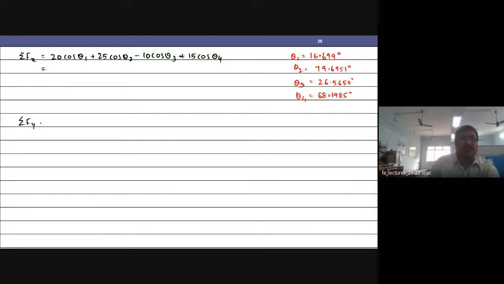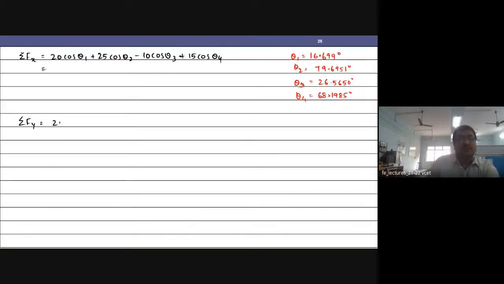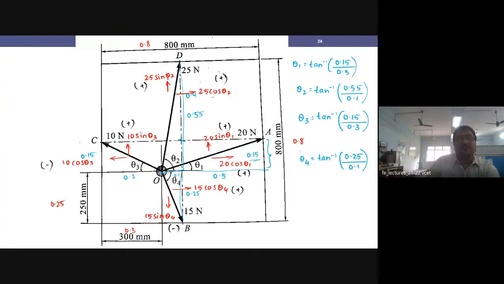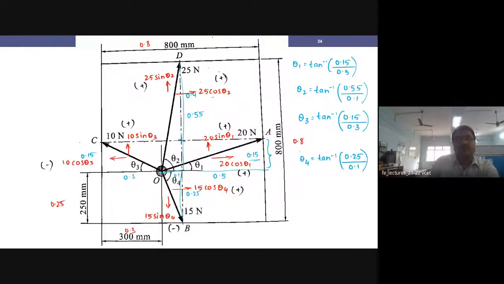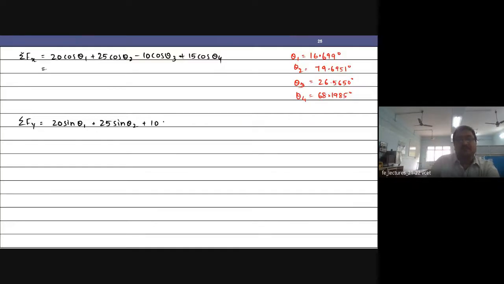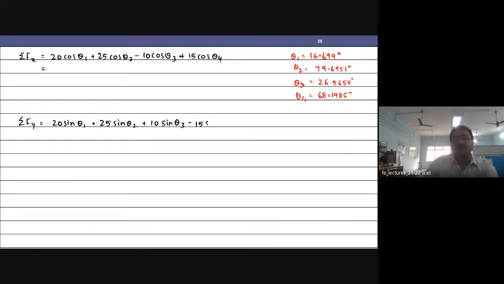Same way, sigma Fy equal to, firstly I have 20 sin theta 1, secondly plus 25 sin theta 2, thirdly plus 10 sin theta 3 and minus 15 sin theta 4.